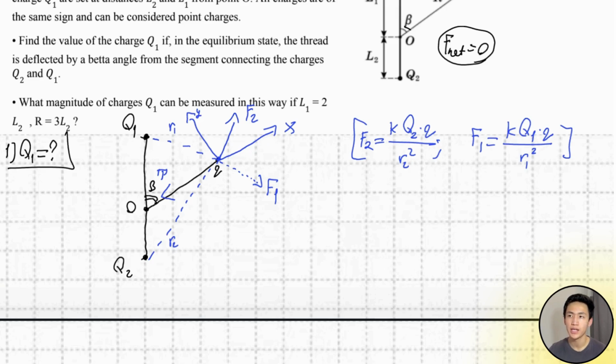By doing this we avoid the tension force and use only the F2 and F1 forces. The x components we don't need anymore, because we don't consider tension, so we need only the y components.